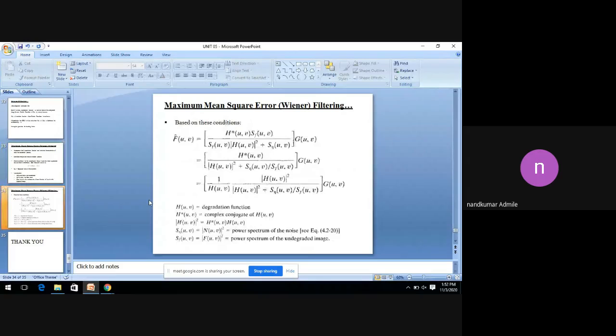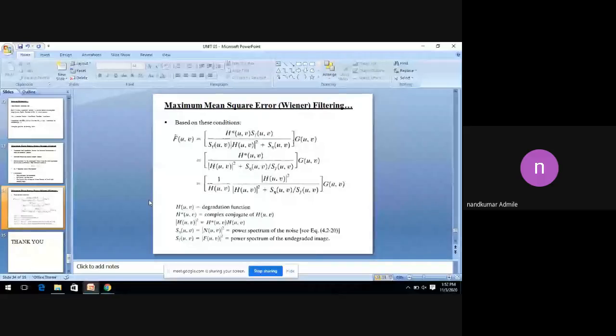When we use the Wiener filtering, we can use the degradation function. First we convert the xy coordinates into the uv coordinates. Based on this condition we can represent the Wiener filtering in terms of the u and v coordinates. Here we can consider the degradation function.